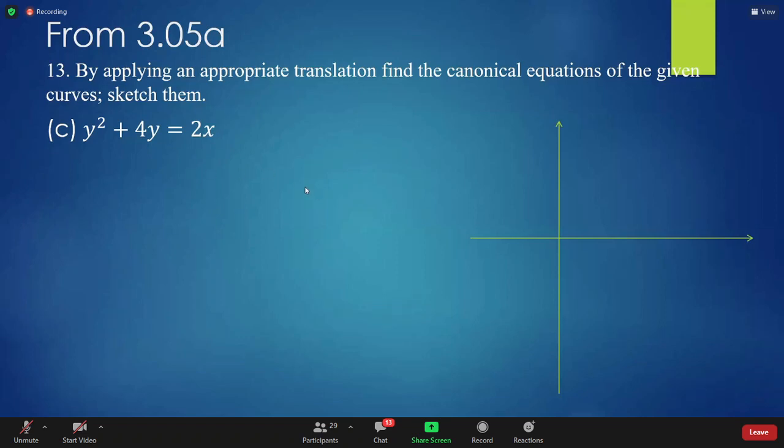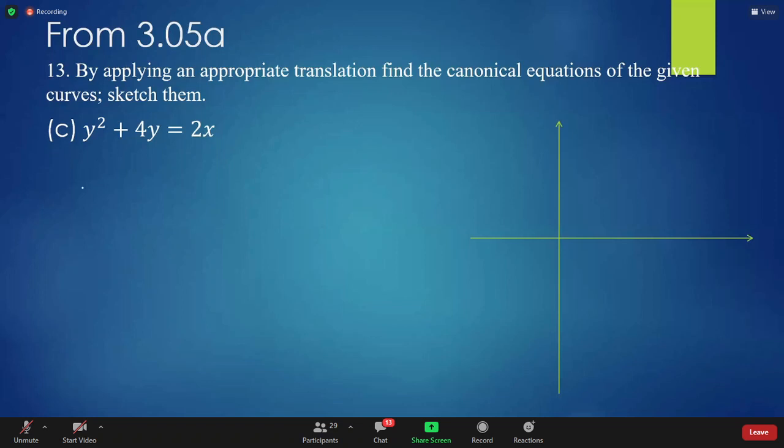But as we can see, we also have not only y squared, but also 4y. So this linear term for y basically means that we need to somehow complete the square. If we ever have linear terms along with quadratic terms, we try to complete the square.